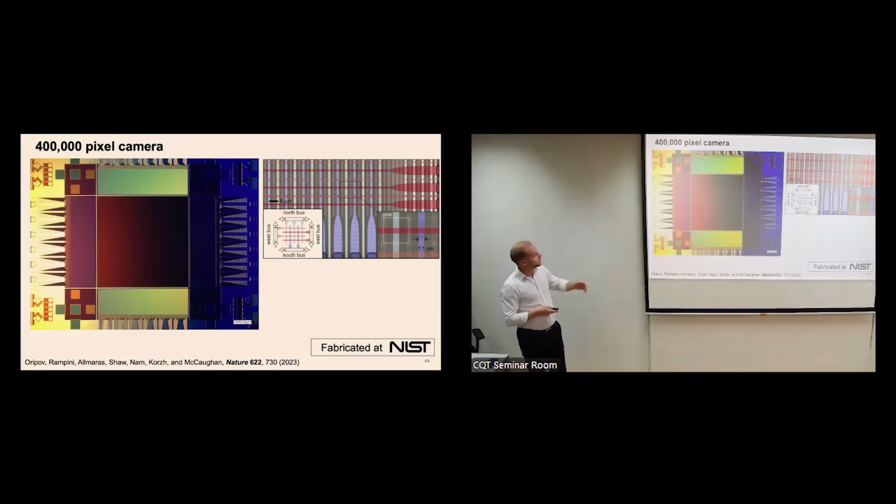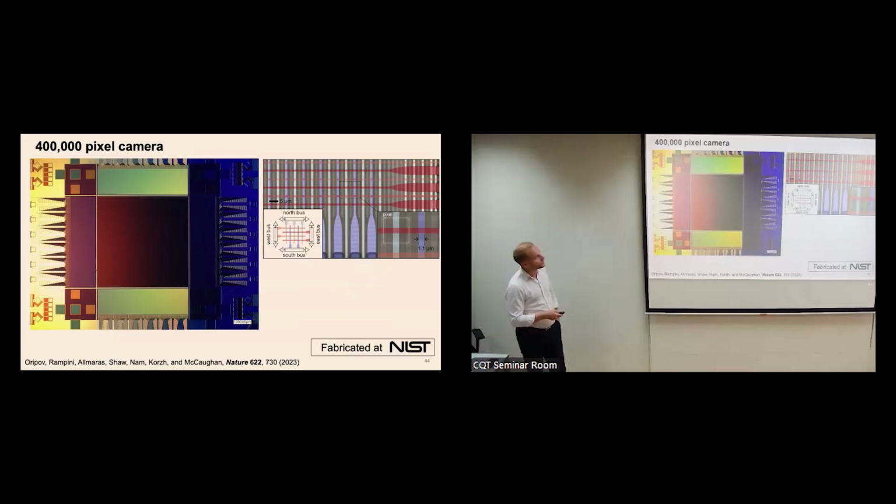The main demonstration is that a few years ago, NIST and Boulder managed to demonstrate 400 pixels using this kind of thermal coupling approach. This is a proof of concept where the pixels are formed by crossing areas of these wires, so you've got few-micron pixels.